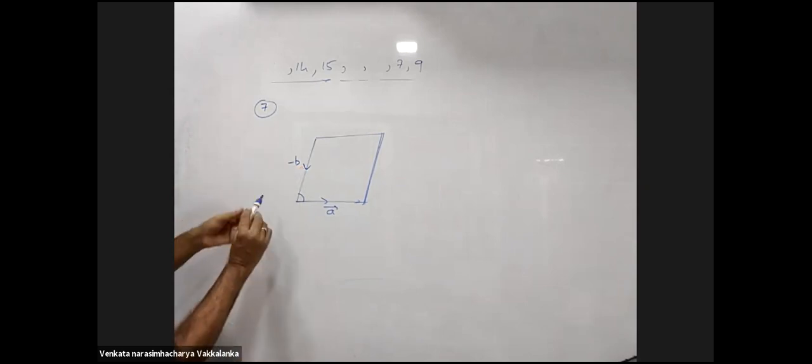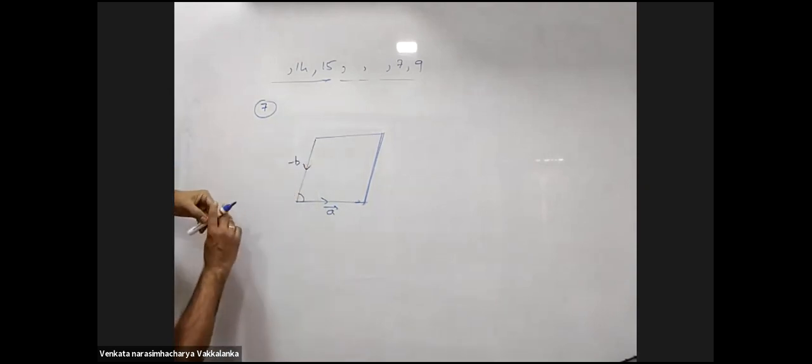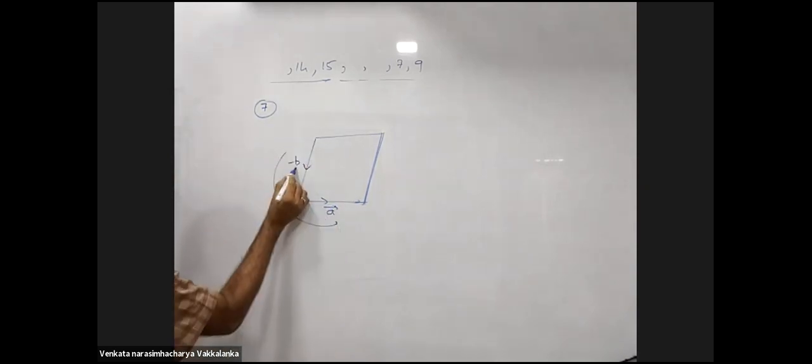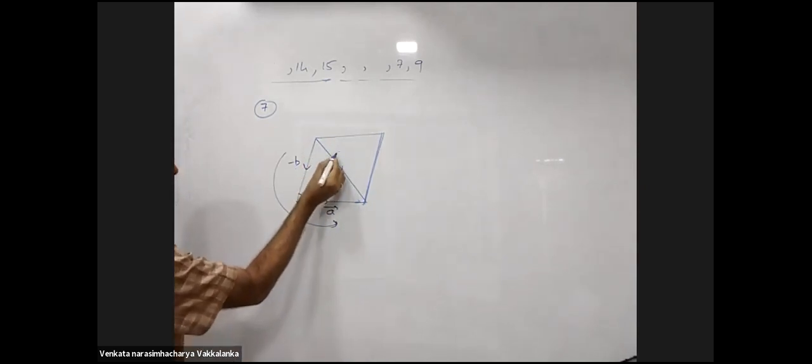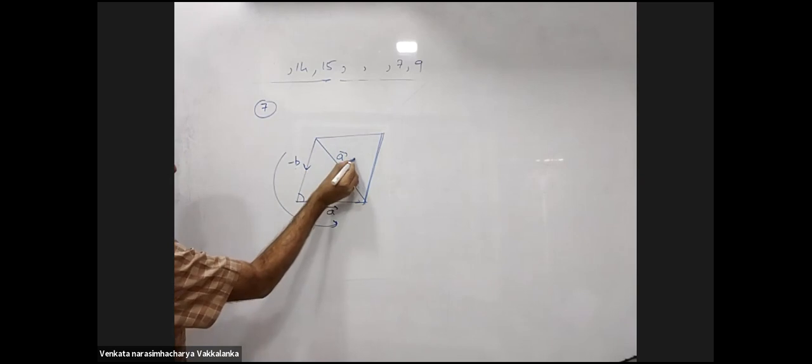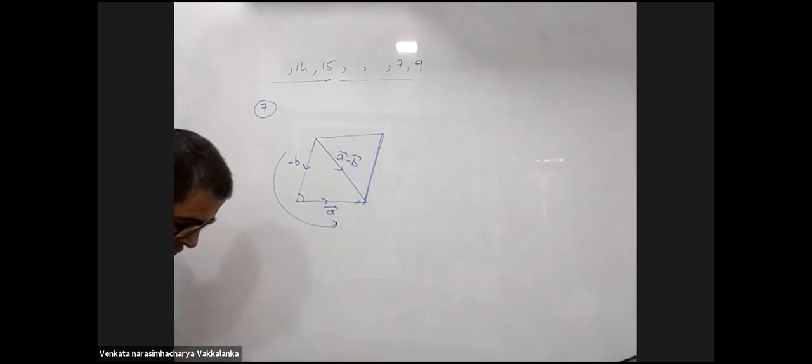Do you agree with that? Yes. B is in this direction. Minus B will be in the opposite direction. Now, A and minus B are two sides of the triangle taken in one order. Third side of the triangle taken in the reverse order is A minus B.